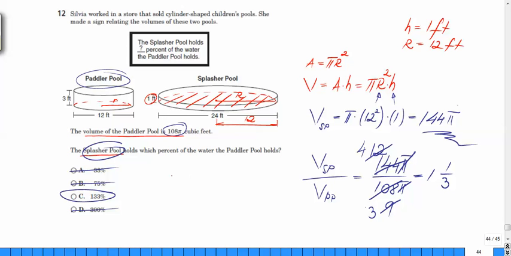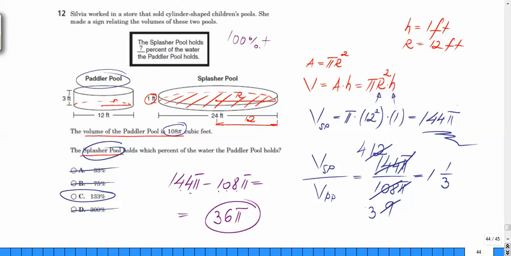Another way is to say, okay, 144 pi. I'm going to take 108 pi out of this one. And this gives me what? 8 out of 14 is 6, 0 out of 3 is 3, 1 out of 1 is 0. I got 36 pi. So this is what the splasher pool has more than the paddler pool. So far the splasher pool will have 100% plus whatever 36 pi over 108 pi will be in percent.